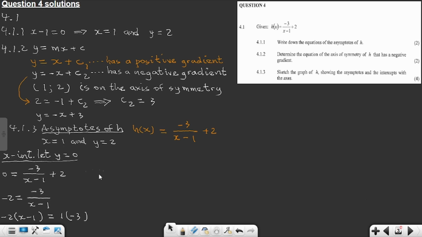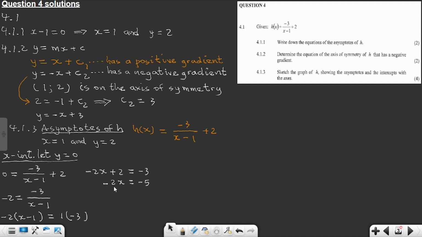You have negative 2 times x, it will give you -2x. You have negative 2 times negative 1, it will give you positive 2, which is equal to negative 3. So -2x = -3 - 2 when the 2 goes to the other side, which gives you -5.